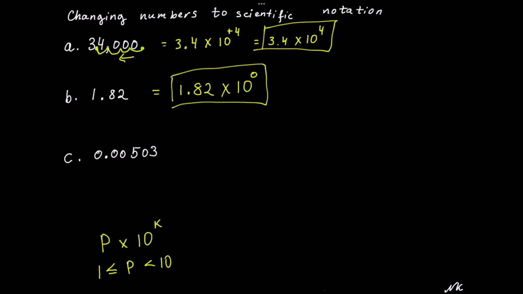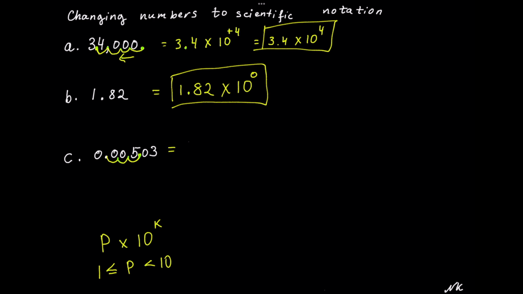In example C, we need to change 0.00503 into scientific notation. We need to move the decimal place to the right, and if we move it 3 times, we will get 5.03.